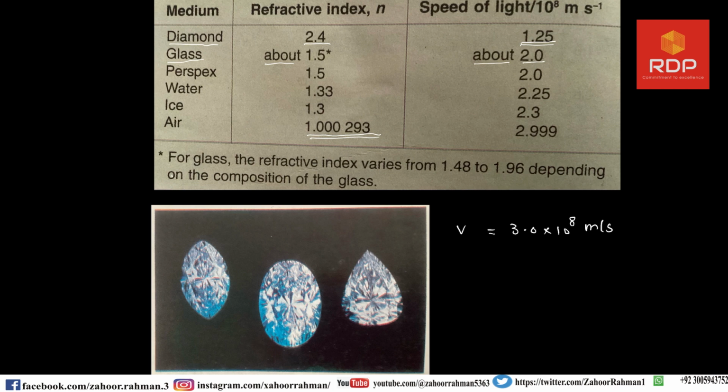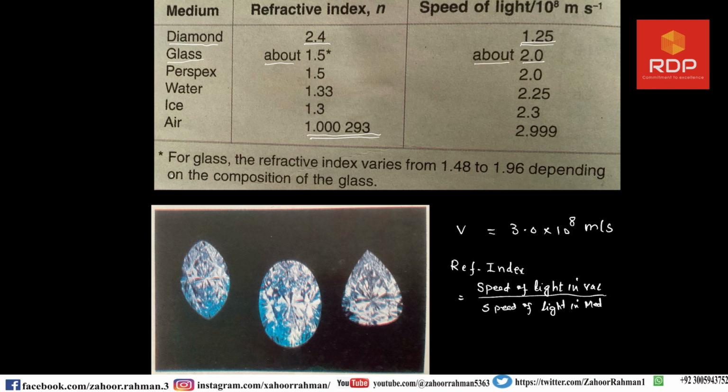From the wave theory of light, it can be shown that for light passing from a vacuum into a medium, the refractive index for the medium will be equal to the speed of light in vacuum divided by the speed of light in the medium.